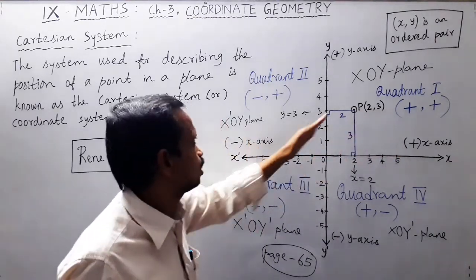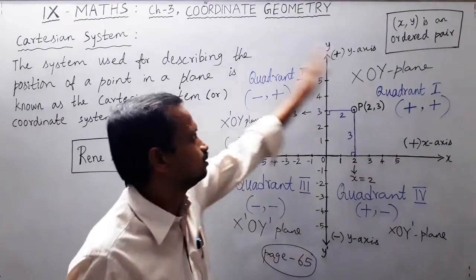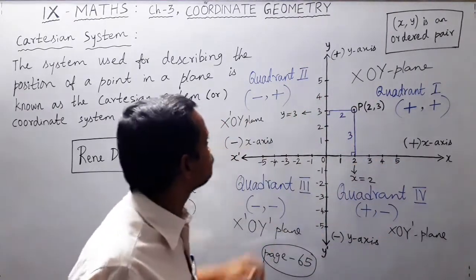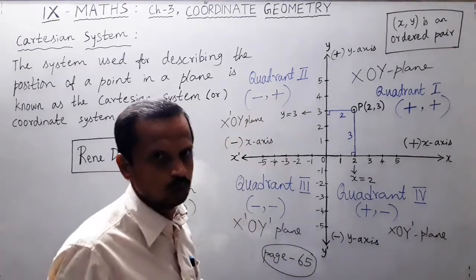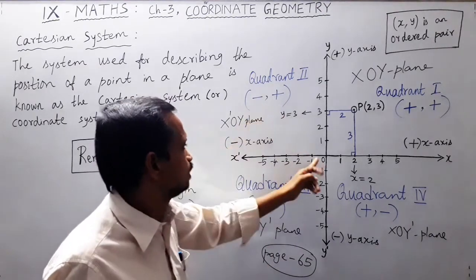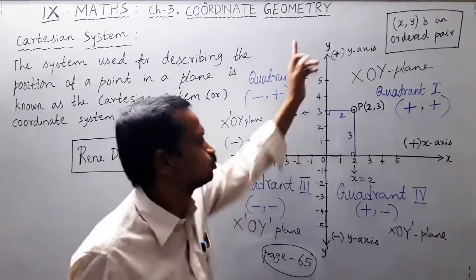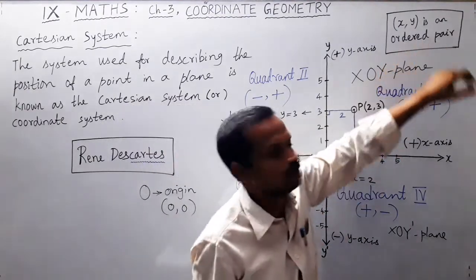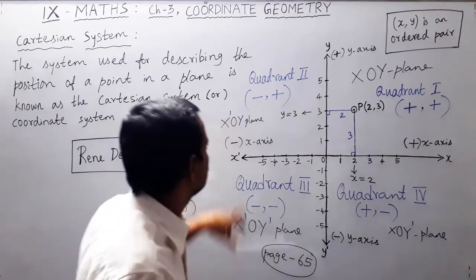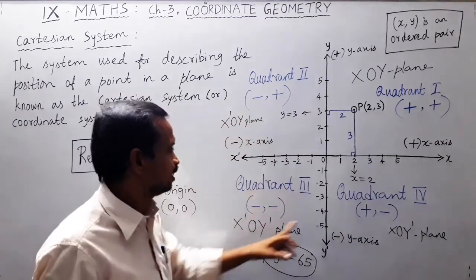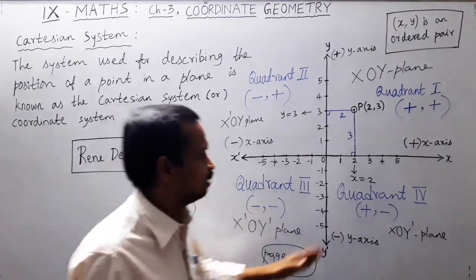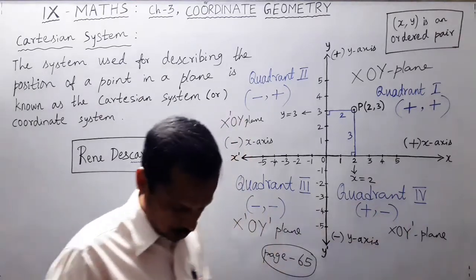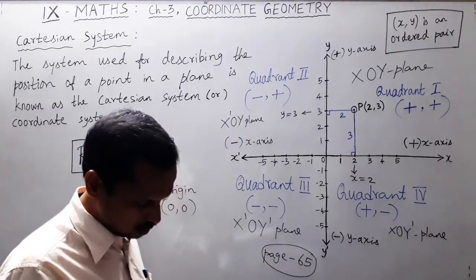Then you go anti-clockwise. Quadrant 2 is minus, plus, because x is negative and y is positive. I already told you, first write x and then y, so (x, y) is an ordered pair. Here both are minus, so (minus, minus) is quadrant 3, and (plus, minus) is quadrant 4. Like that it is given in the 4th point.